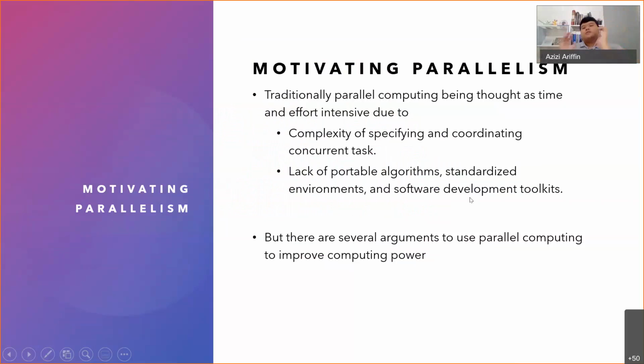Right. So traditionally, right? So if we talk about parallel computing, kalau macam dulu, kenapa orang hesitate to implement parallel programming? Because from the programmer perspective, it is very complex. Because you need first kena dividedkan task tu dalam programming kita.